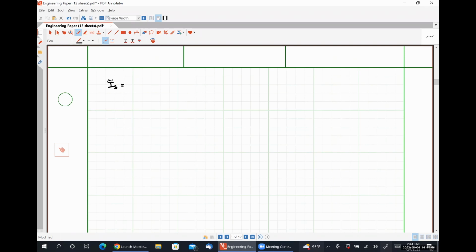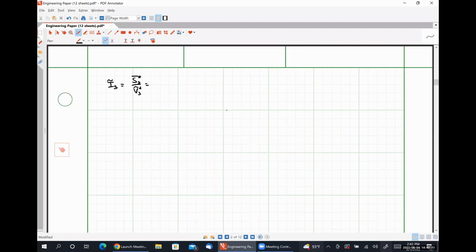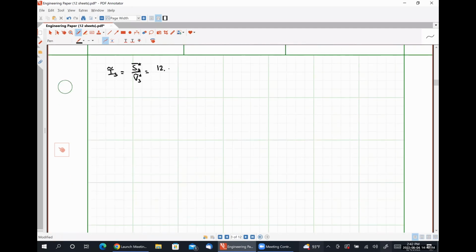I3 is going to be conjugate of S3 over conjugate of V3. So that's going to look like 12.5 angle negative 36.87 over 480 angle negative 0 degrees, volts RMS.